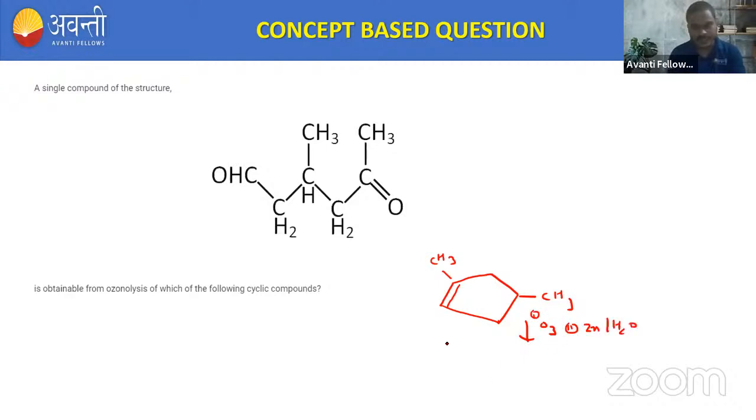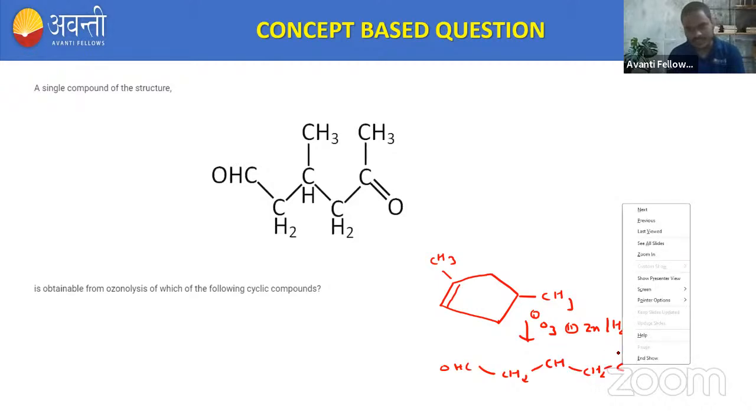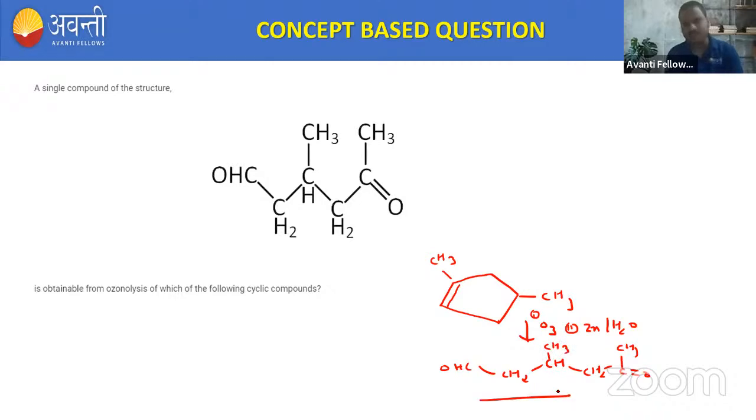So what you'll get, beta? You'll get the product like OHC, that is CHO. Again, you will get CH2, CH, CH2, C. Here you'll get CH3, C double bond O. Here also we have CH3. Right. So if you treat this alkene, then you'll get this.